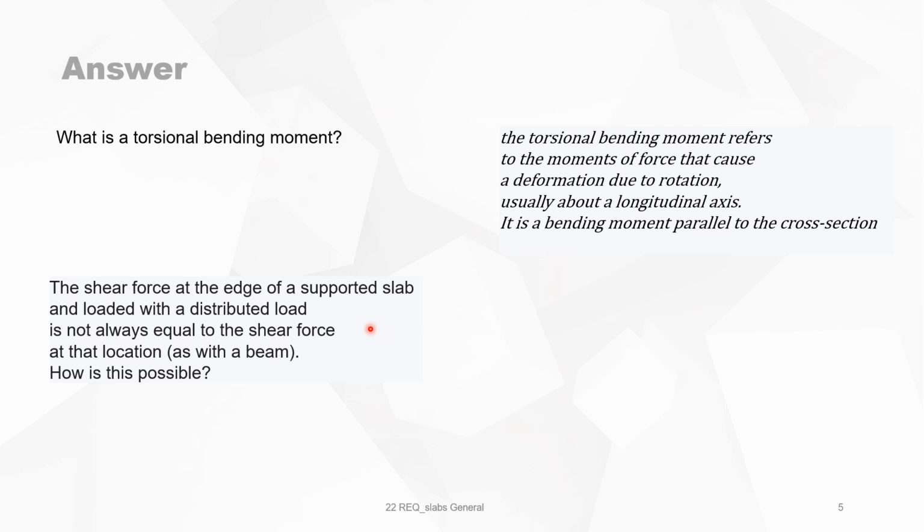The shear force at the edge of a supported slab loaded with a distributed load is not always equal to the shear force at that location. So how is this possible?